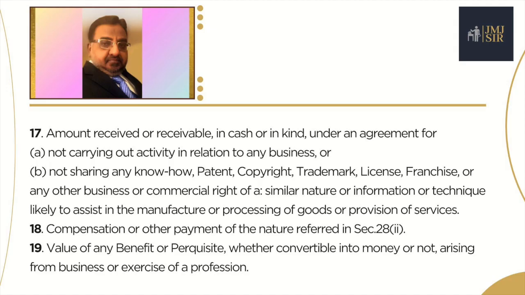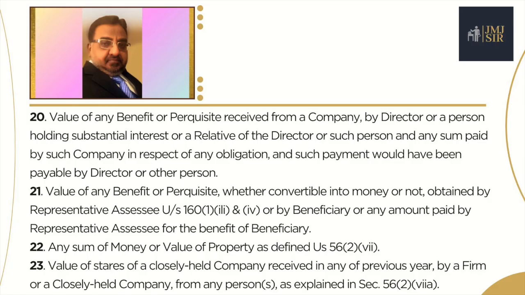Compensation or other payment of the nature referred to in section 28, value of any benefit or perquisite, whether convertible into money or not, arising from business or exercise of a profession. Moreover, the value of any benefit or perquisite received from a company by a director or a person holding substantial interest is also part of the income.